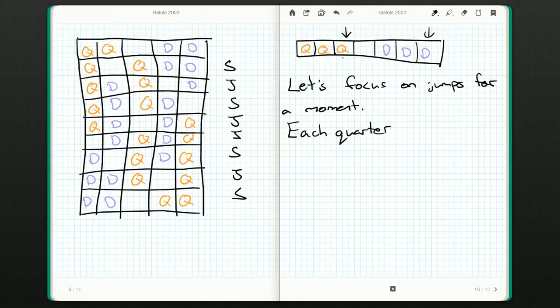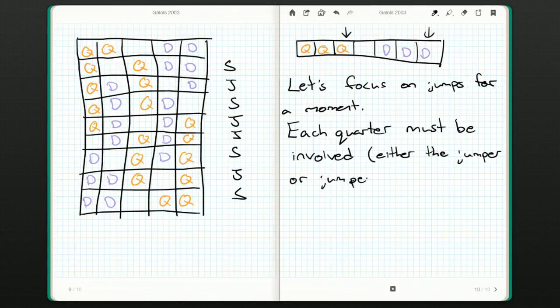And the same has got to be true for the other quarters. So they've either got to be the jumper or the jumpee, and that means the person who was jumped over.